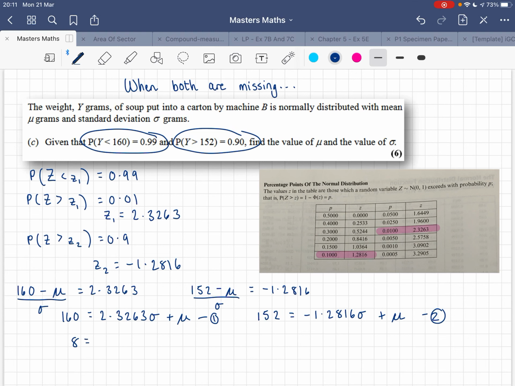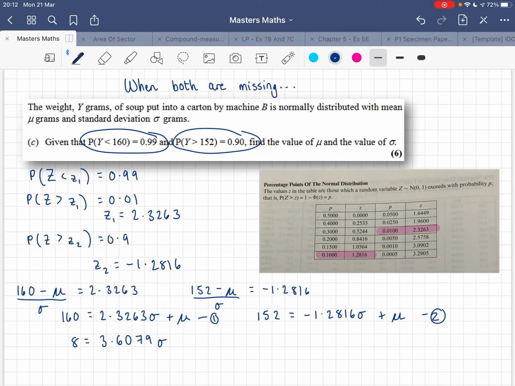And then I'm doing 2.3263 minus, so subtract a negative, which becomes a plus, 1.2816. That gives me 3.6079 sigma, and then the mu's cancel each other out because we're subtracting. 1 mu from 1 mu is 0.